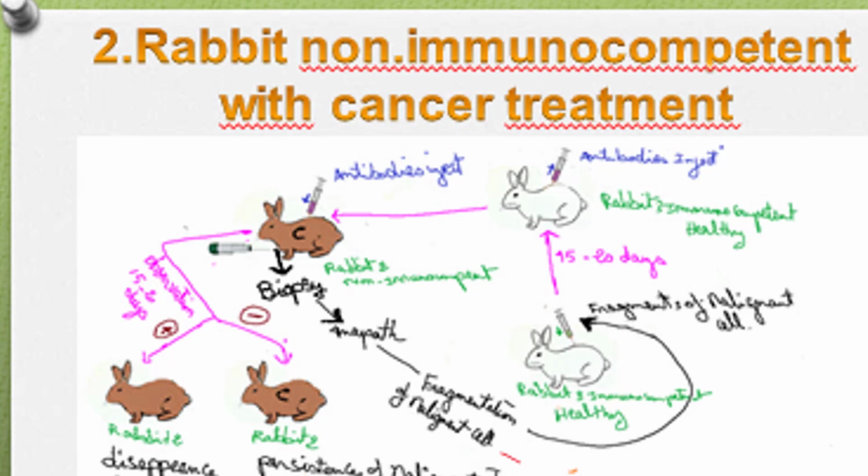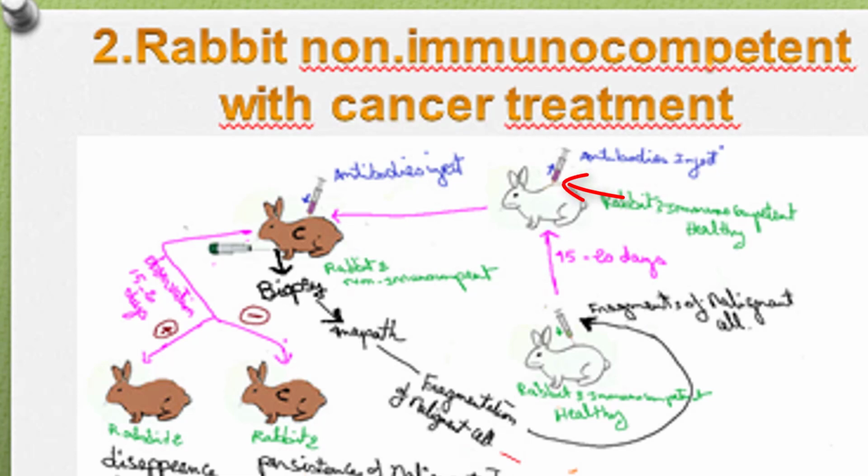After 15-20 days, we examine our rabbit 3. We look for production of antibodies against the fragment of malignant cells, and most importantly, we look for side effects in rabbit 3.